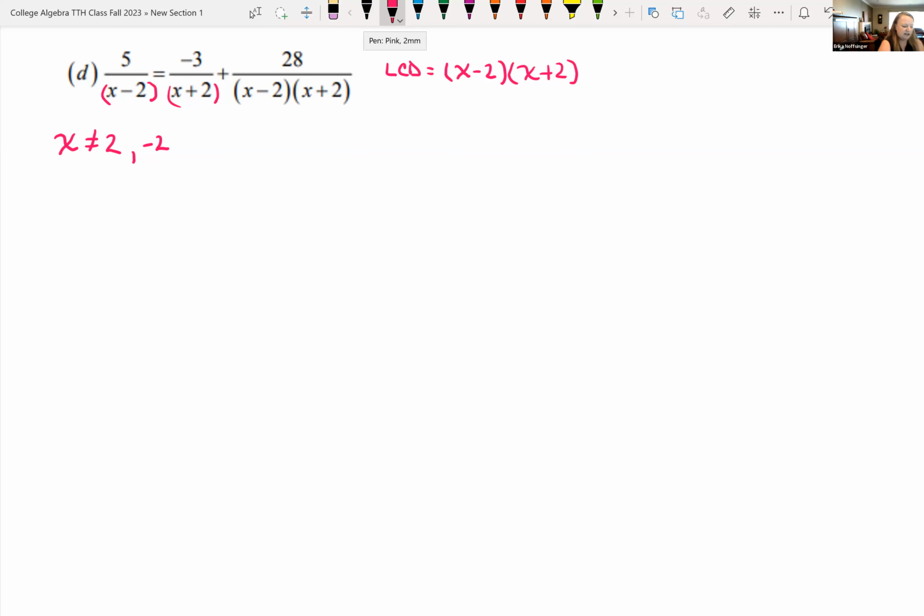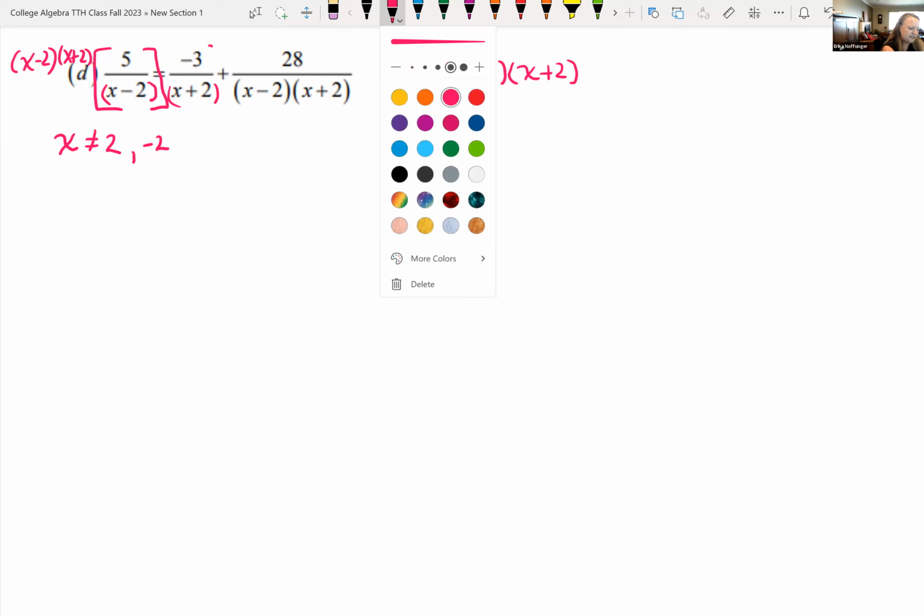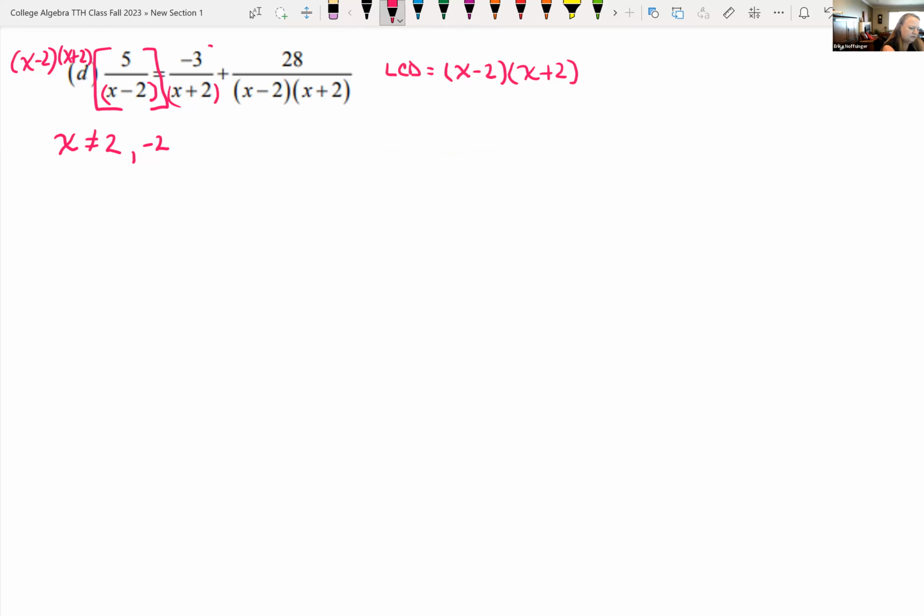So let's clear our fractions by multiplying the left-hand side by our quantity x minus 2, x plus 2, and our right-hand side by the quantity x minus 2, x plus 2.